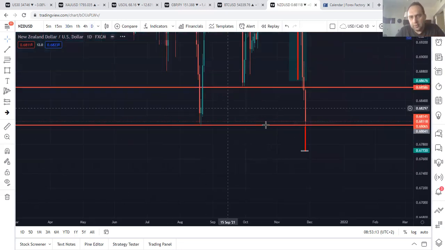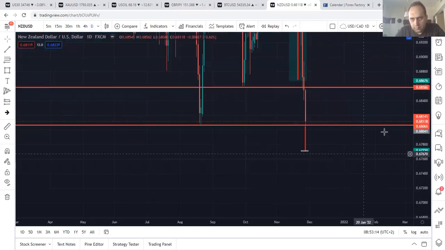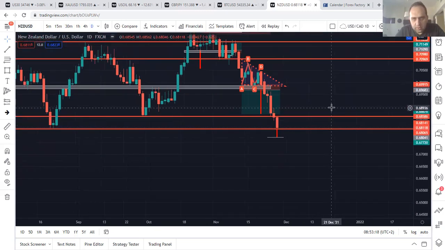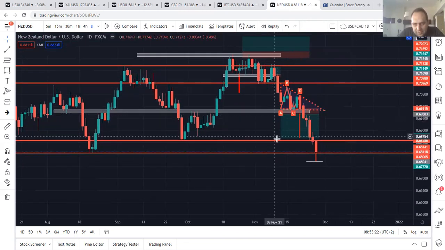Let's go to the daily. Oh, also in the NZD/USD it hit. Wow, look, it was a descending triangle. 5 days last week. Moved down. Look, guys, look. Wow. This is study. This is science.